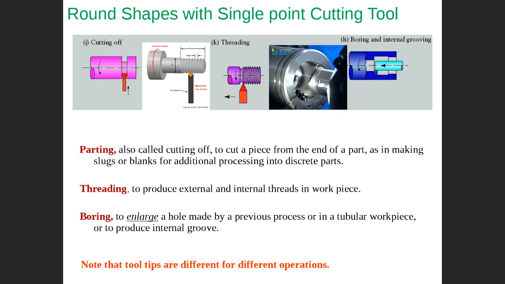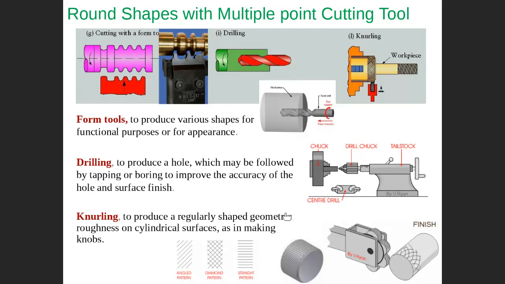We call it boring, internal turning, as you can see. The word boring means enlarging the diameter, making it a bigger diameter, right? And then also forming. This is a tool with a certain shape to do forming, right?